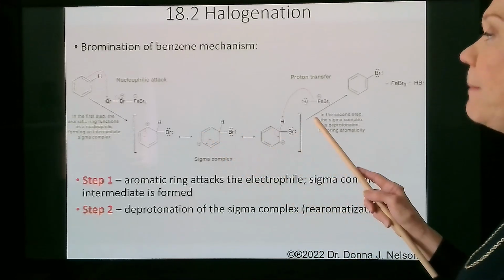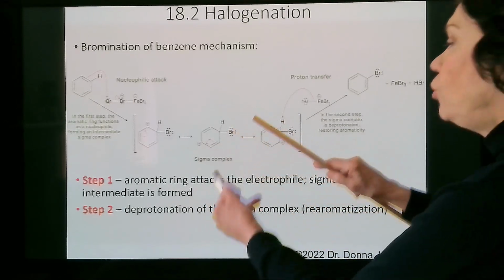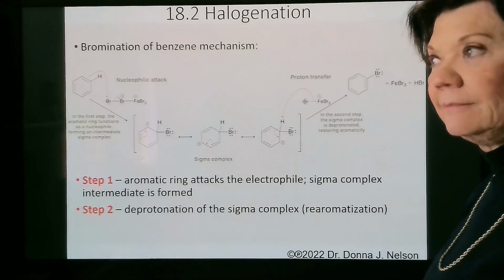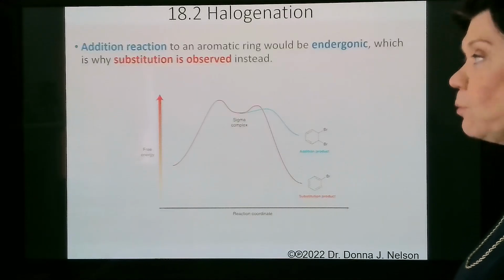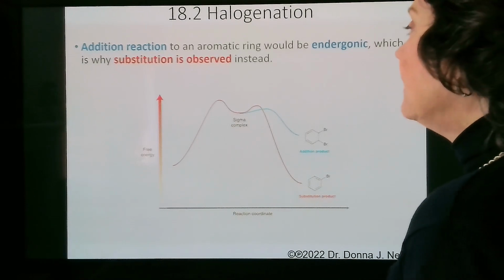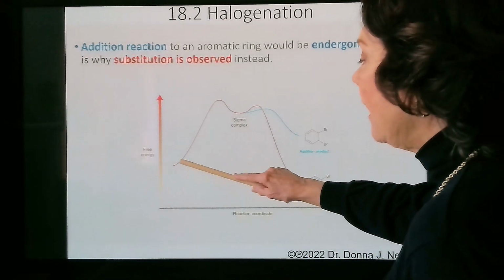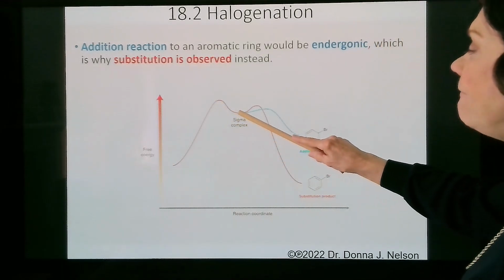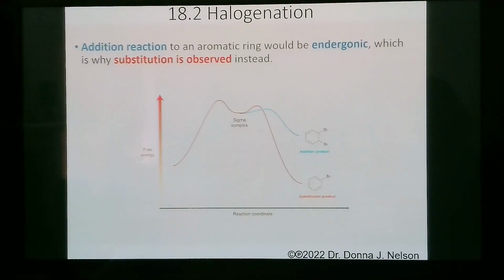So you will see the mechanisms, and I might go through them a little bit faster because they're going to look just like this. Once you've seen the first one, you've seen all of them. There will be a few little differences, but the vast majority, they will be the same. So here is an energy diagram, and you can see the reagents start out, they go over this energy hill, and then they form this cation, which is a reactive intermediate.